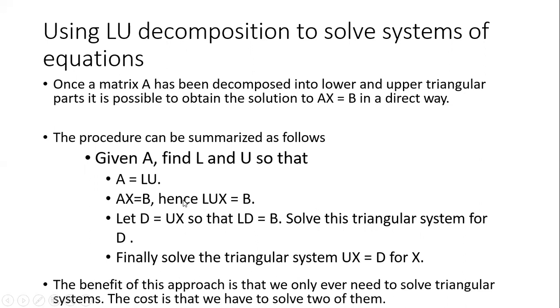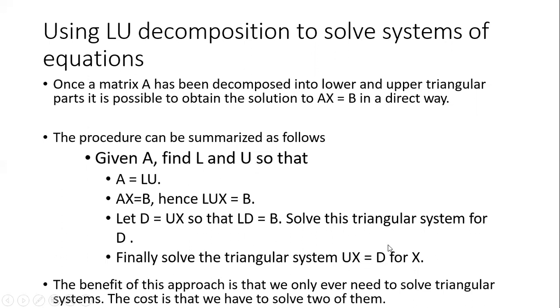Hence, since A equals LU, we can replace A by LU, so LUX equals B. Then we can let the variable D represent UX, so that we can rewrite this as LD equals B. Then we can solve this triangular system for D. After solving for D, we can go back to this letting of variables: D equals UX.